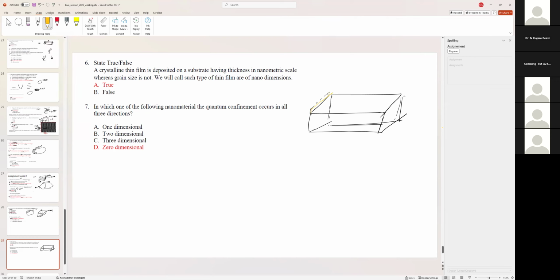We're depositing a thin film on the surface. So this is a thin film.